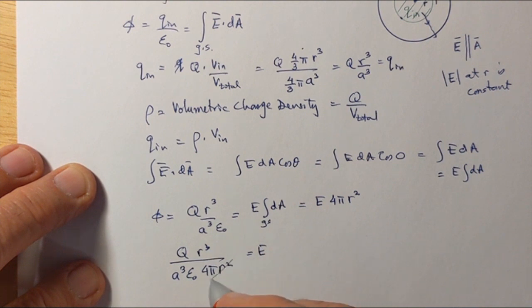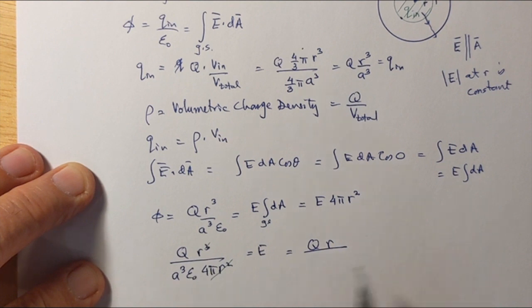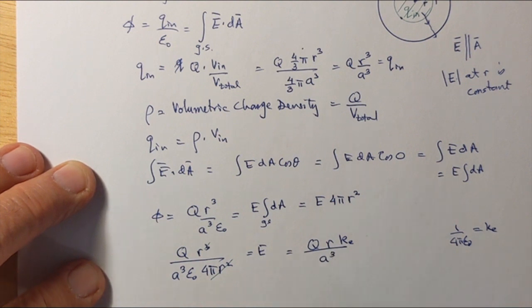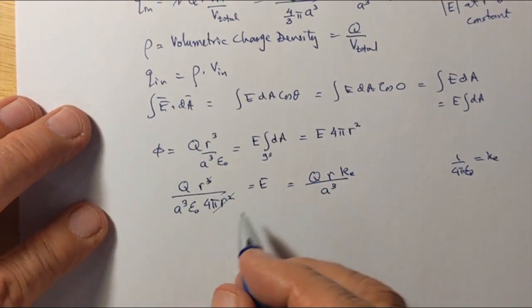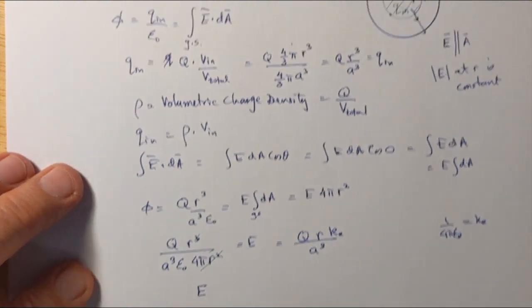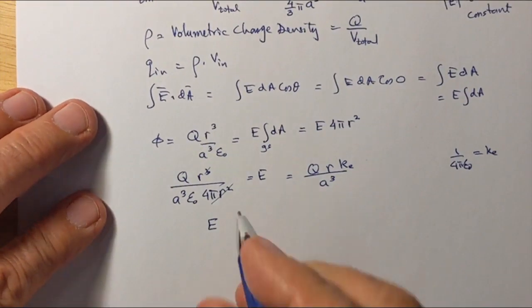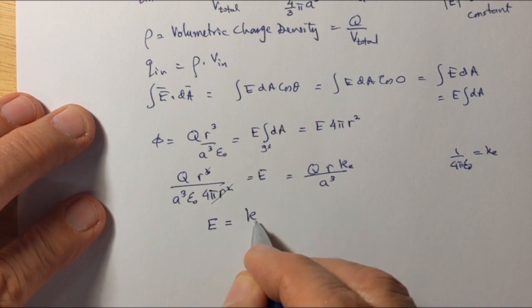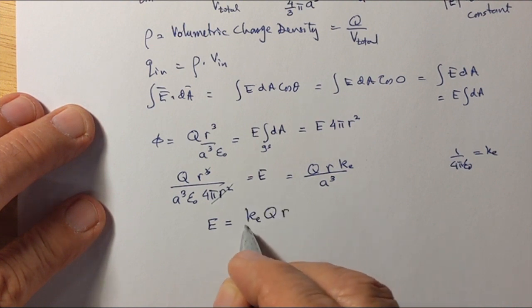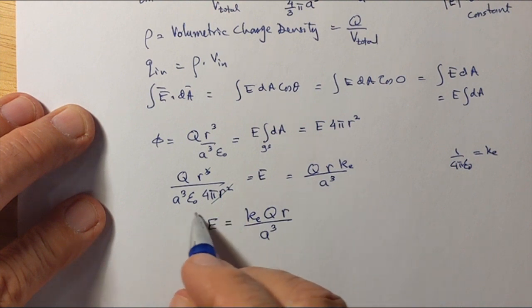And we can cancel out the r square with two of these, and we're left with one r, and therefore E equals Q r over 4 pi epsilon naught A cubed, and 1 over 4 pi epsilon naught is K. So our electric field at the point P is given by K Q R over A cubed.